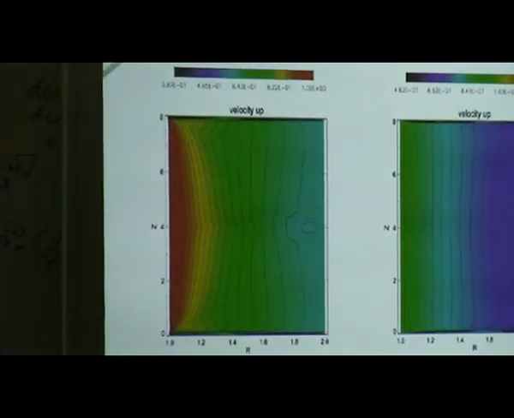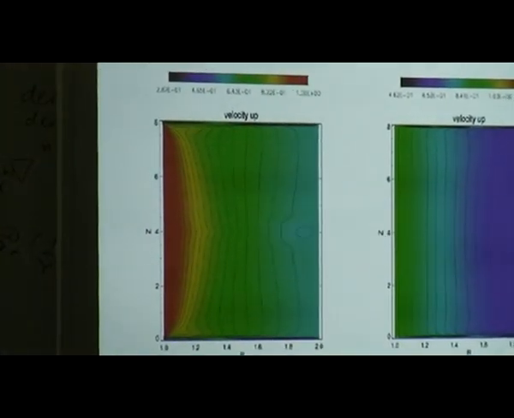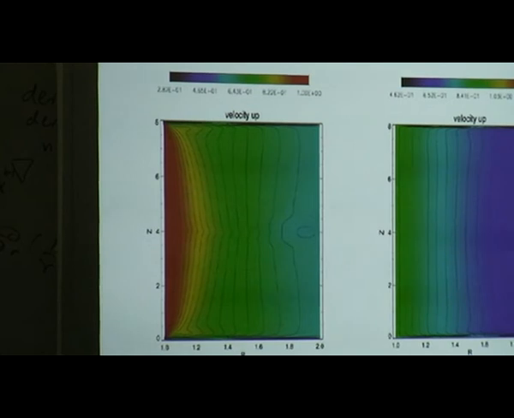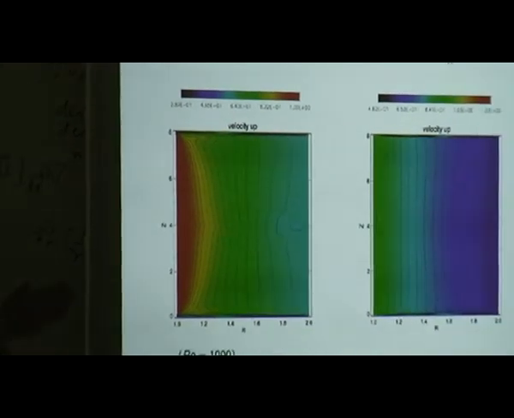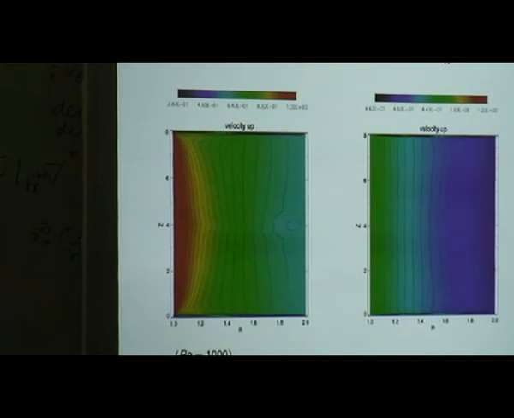The outer cylinder is rotating with 0.27, so the inner ring is a little bit slower than the inner cylinder. Sorry, the outer ring is a little bit slower than the outer cylinder.